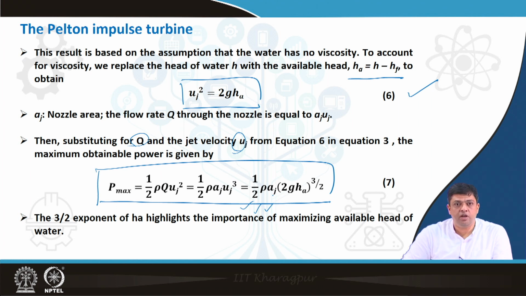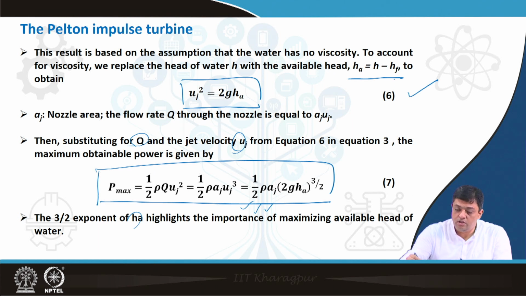The exponent 3 by 2 of H A highlights the importance of maximizing the available head of water. So, why does it indicate that it is important to maximize the H A value? How can you maximize H A?